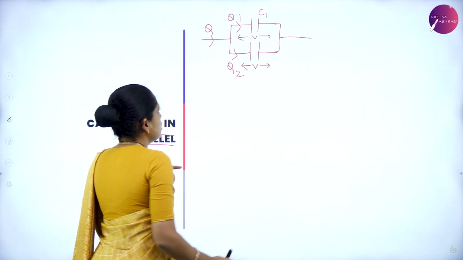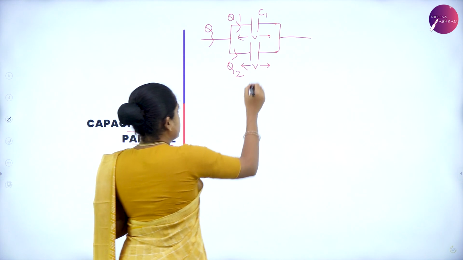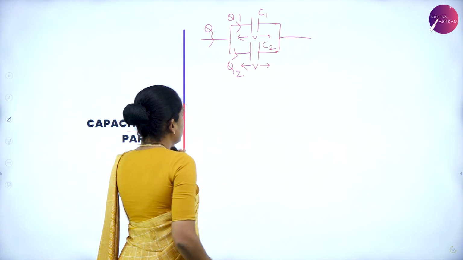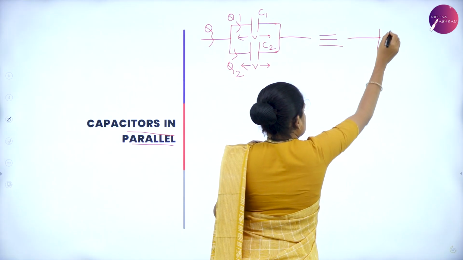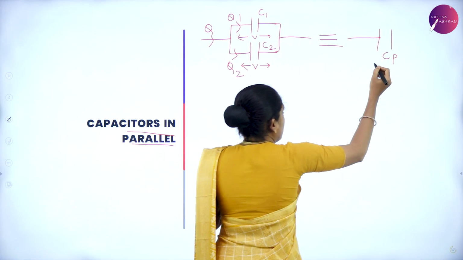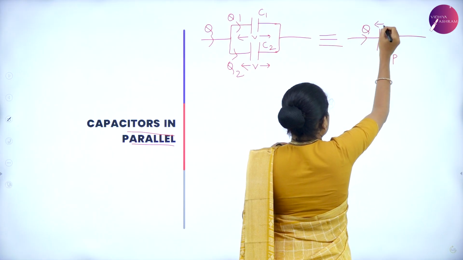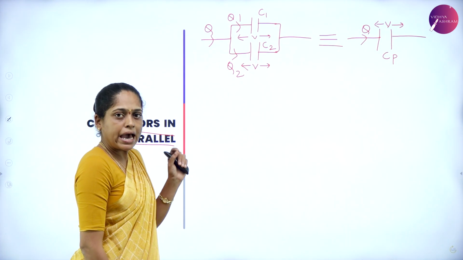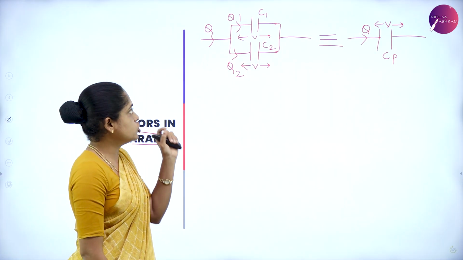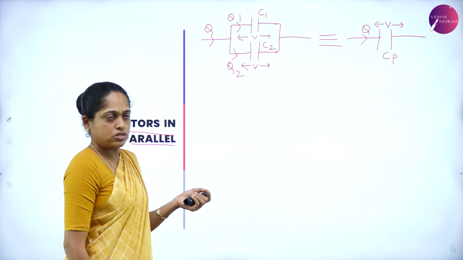Let us consider the capacitance of the first capacitor as C1 and the second one as C2. The equivalent capacitance is Cp. The charge in this is Q and the potential is V. In parallel combination, the potential remains the same, but the charge divides.